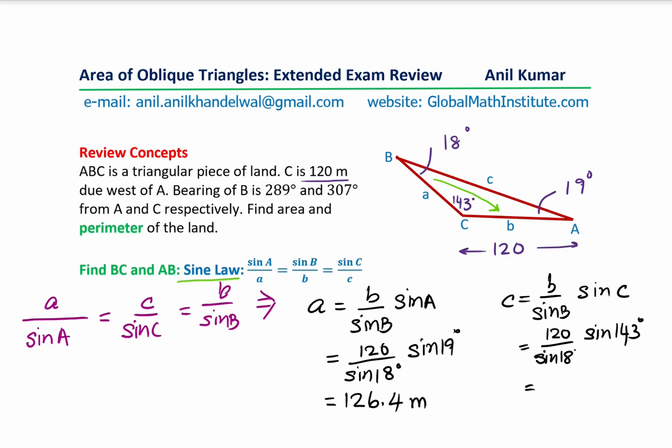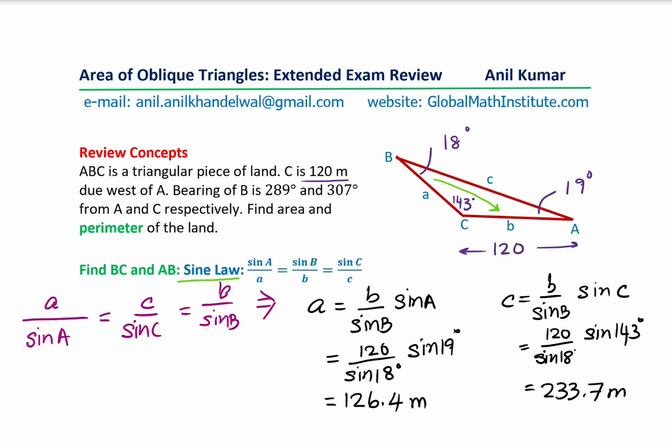As far as C is concerned, it'd be 120 times sine of 143 divided by sine of 18, and that gives us 233.7 meters. So we get the side lengths now, right?